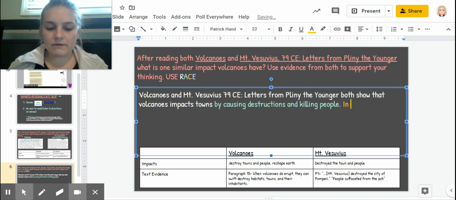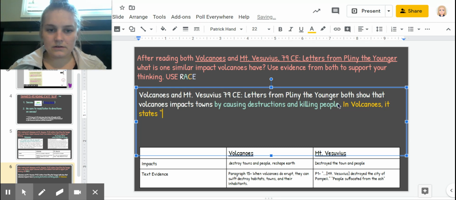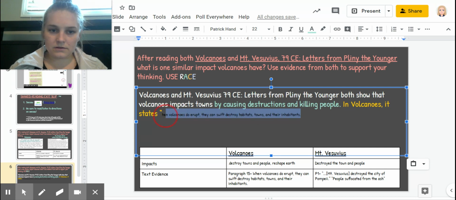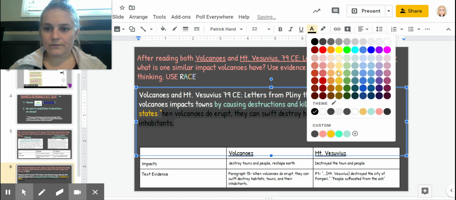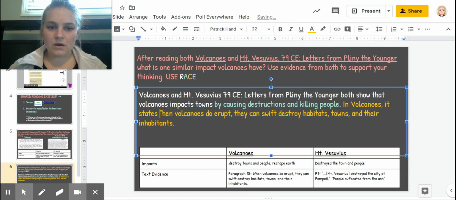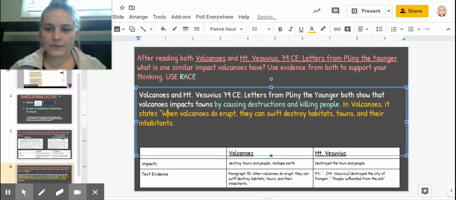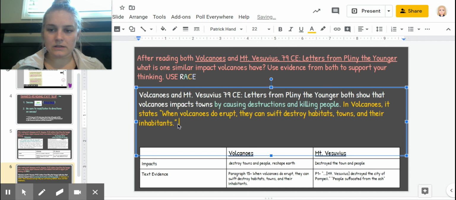I say in Volcanoes, it states, look how simple that was. When volcanoes erupt, they can swiftly destroy towns and their inhabitants.